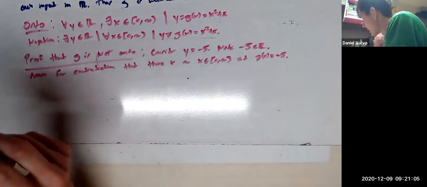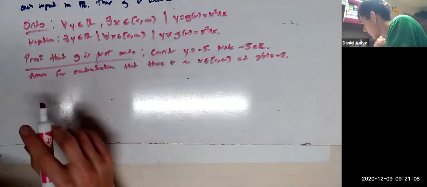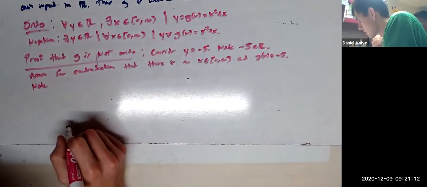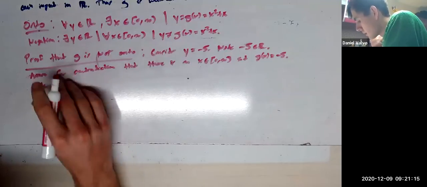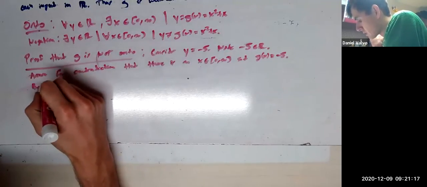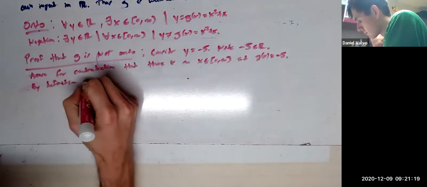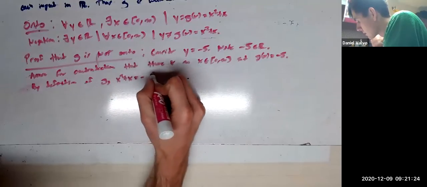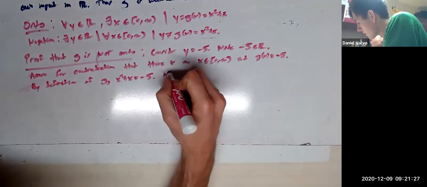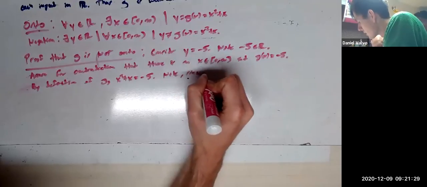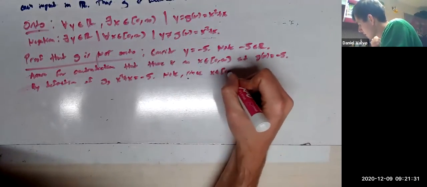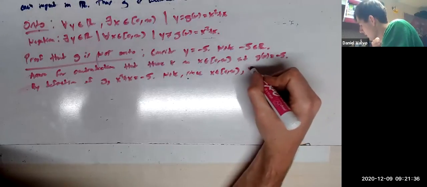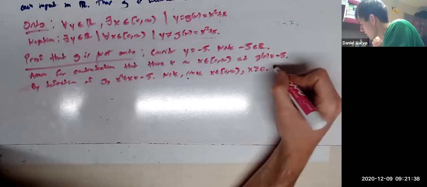So assume for contradiction there's an x in [0, infinity) such that g of x equals -5. By definition of g, we have that x squared plus x equals -5. Note, since x is in [0, infinity), x is greater than or equal to 0.